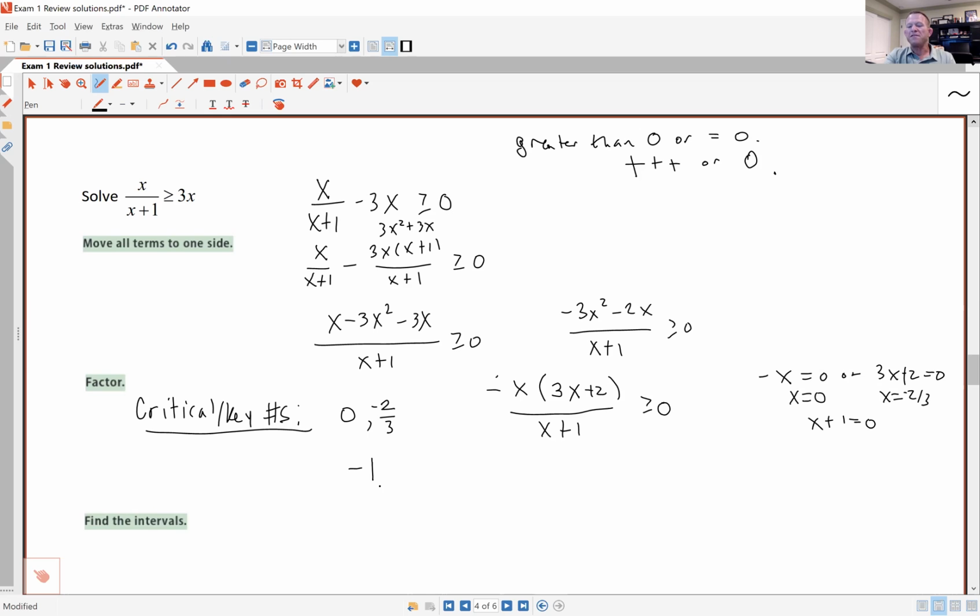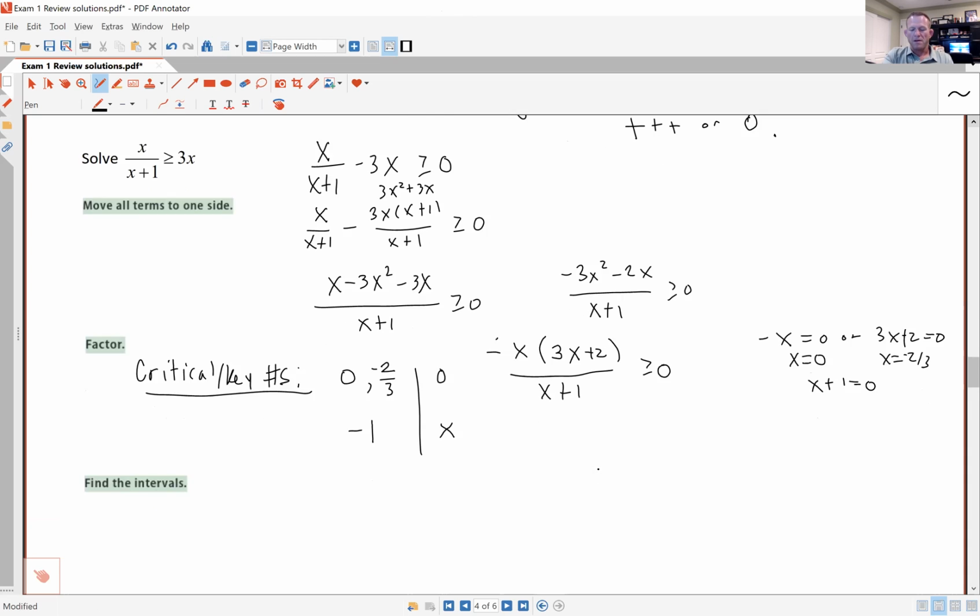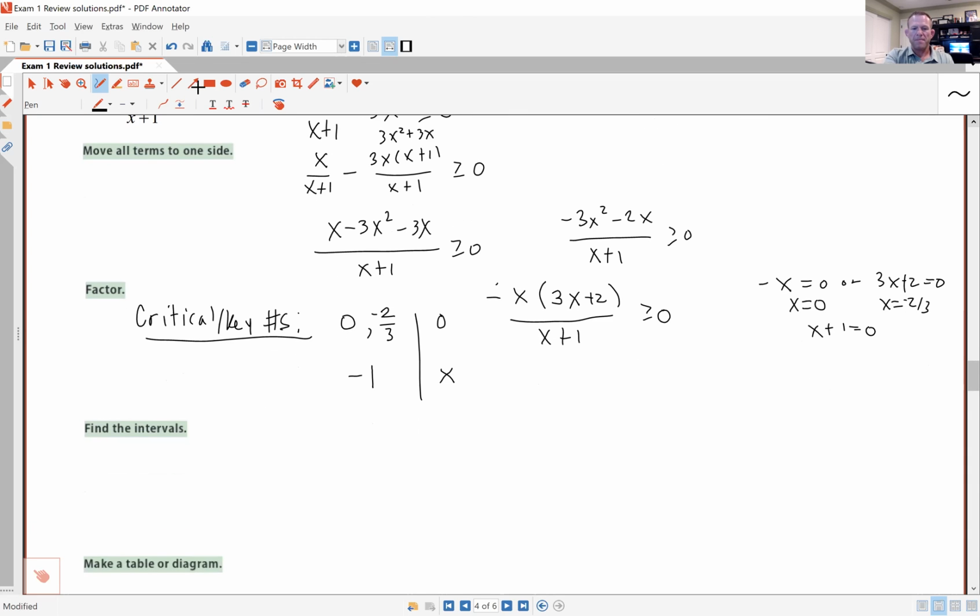Now, because of the domain of this left side, x plus 1 in the bottom means that x can't be negative 1. We're going to put an x to denote that this is not really a place where it's 0 like the numerator's zeros. Okay, so that's the designation between these two. So now we draw a number line.